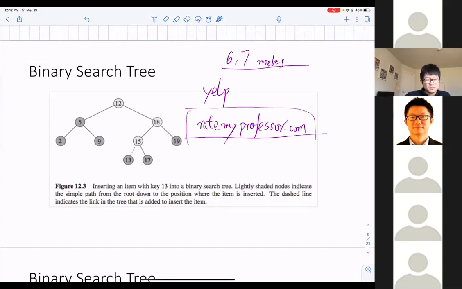Also, I think the best value for those comments is that in the future, if a student wants to take a certain class, for example, data structure, and if me and my colleagues both offer these courses, they can use it as a reference to determine which class to go for, and which one fits their interest the best. I would appreciate it if you can take a couple of minutes and provide your feedback over there. And by the way, it's anonymous. I'm not going to know who leaves a bad comment or a good comment on me. It doesn't matter. I just want to know your honest opinions.